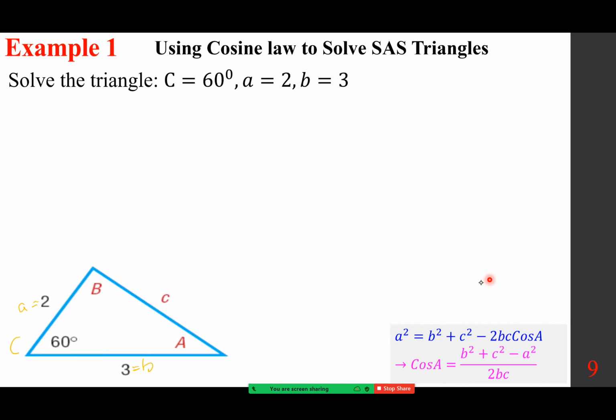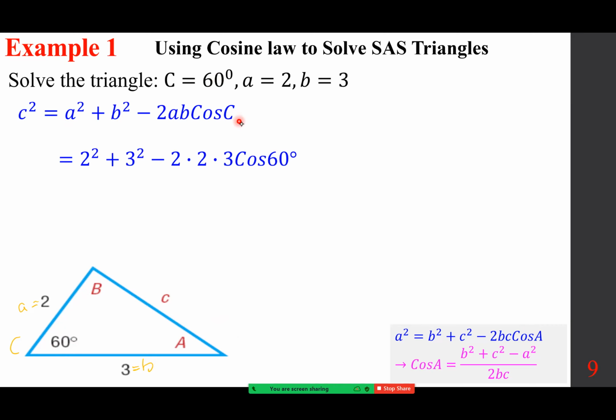As you can see, sides a and b are given and the included angle. So we can use c squared is a squared plus b squared minus 2ab cosine C. Remember, there are 3 formulas. As long as you have one, you can extend it to the others. And we're going to replace the a, b, and capital C.